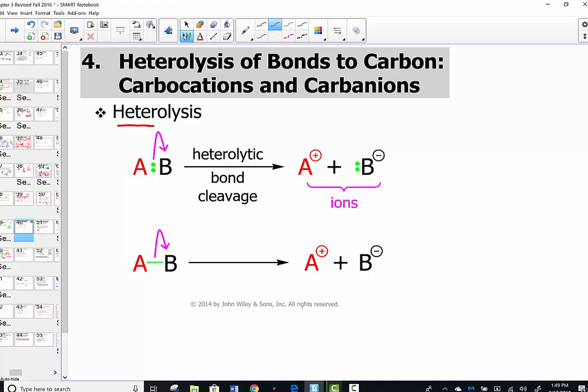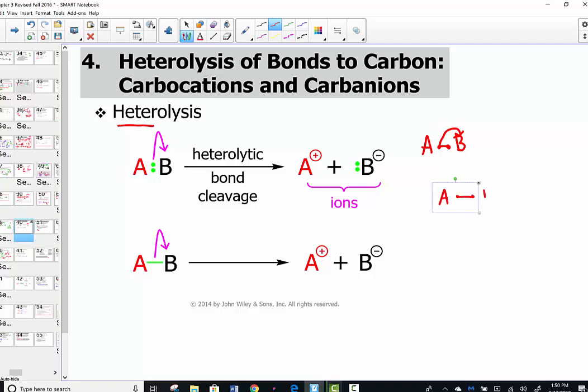What I look at in this picture is that when I have a compound with a covalent bond, such as A attached to B, A is bonded to B by a set of shared pair, and I cleave that bond, which means break it. If both electrons that are in the bond transfer to one of the two species, we have a heterolytic bond cleavage.